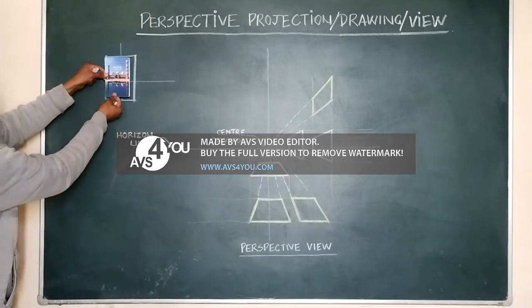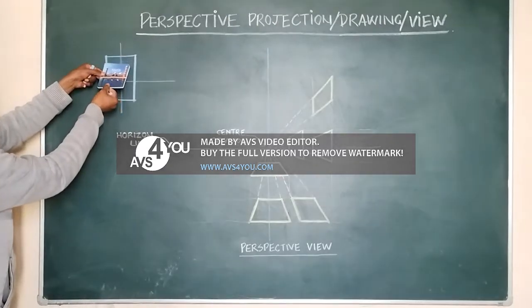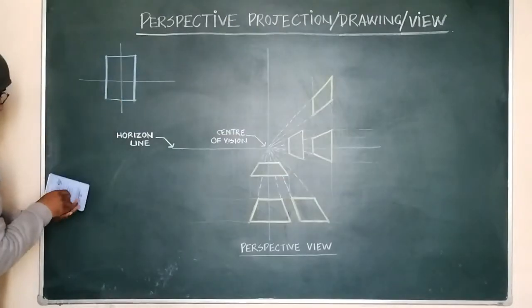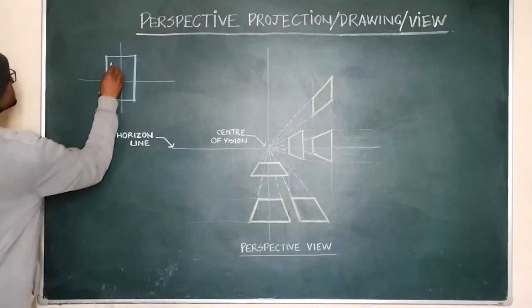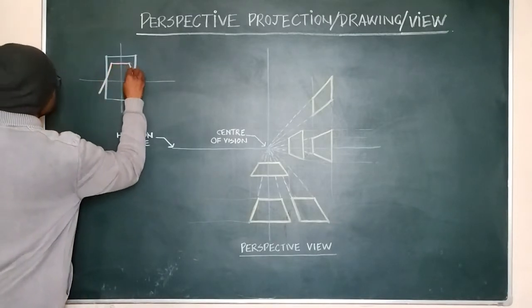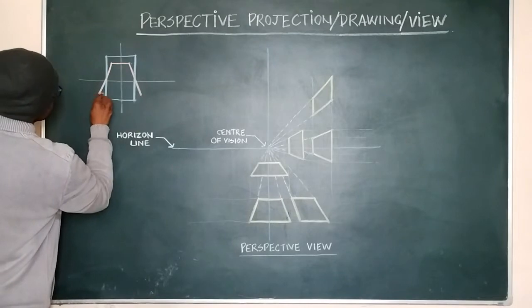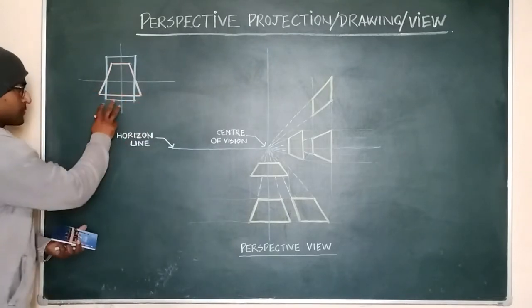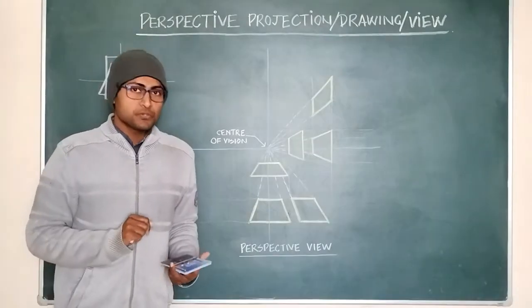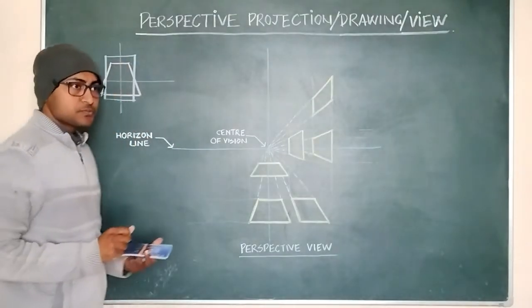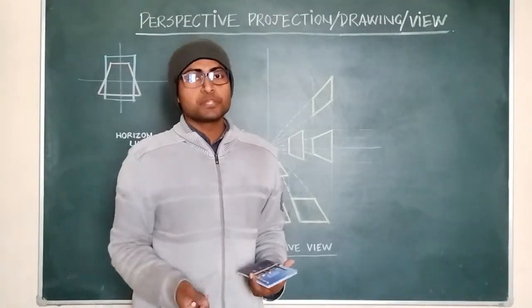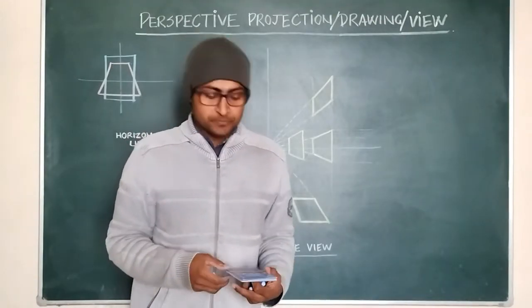Now we are not putting our plane like this, we are keeping it something like this. So now it will look like this. The procedure or technique to draw this we'll discuss later, but now let's try to understand how this object or plane will look.